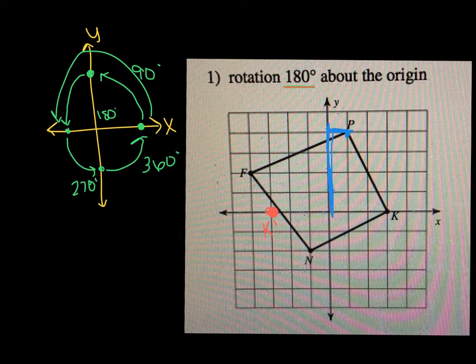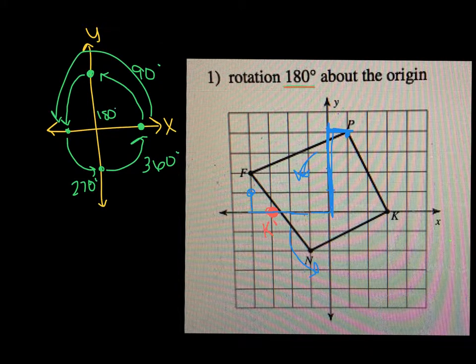If I was to rotate this 90 degrees, that would then instead be over 4. So 1, 2, 3, 4, and then over 1 again. So there would be a 90-degree rotation. But really we want to go 180 degrees, so I need to rotate it one more time.